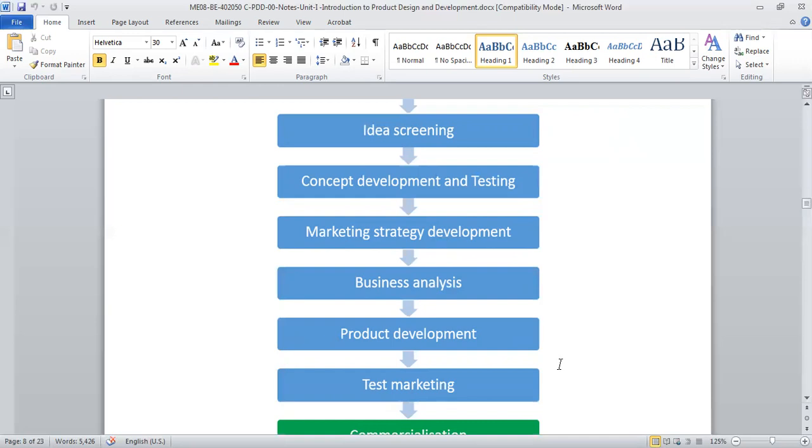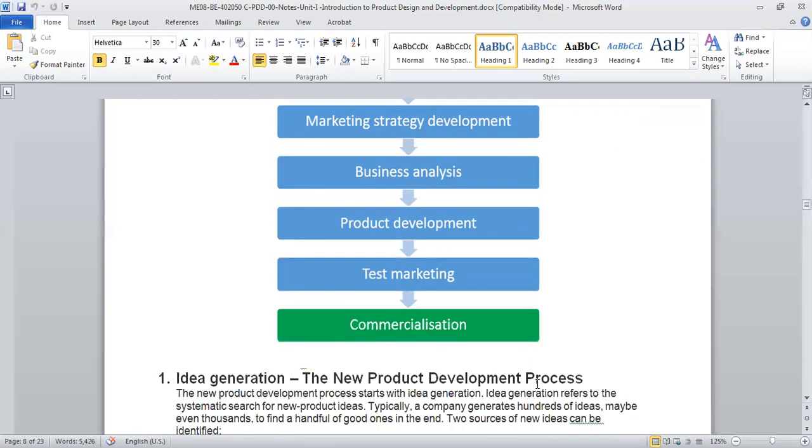Then business analysis: how financially viable it is, what the costing should be, what the different expenses for the product are. Accordingly, the final analysis of the business will be done, and then the product will go into actual development or actual manufacturing. Then test marketing will be done, and then commercialization, which means mass production.